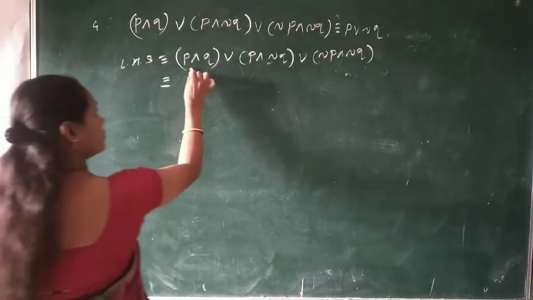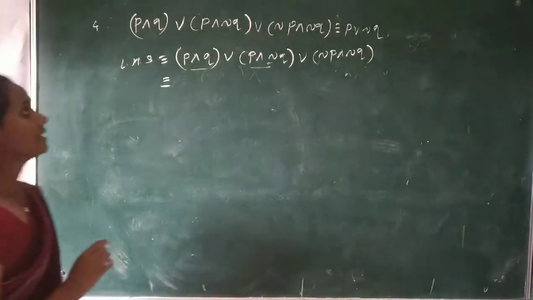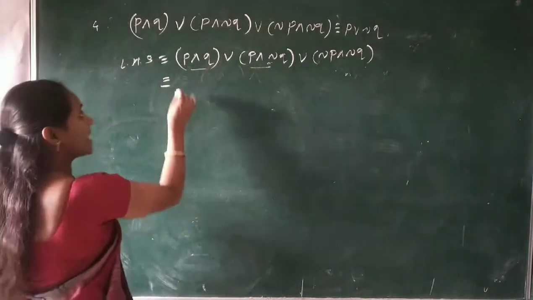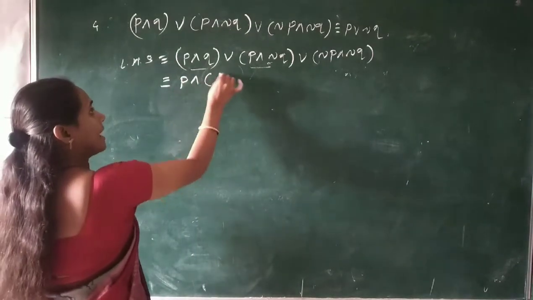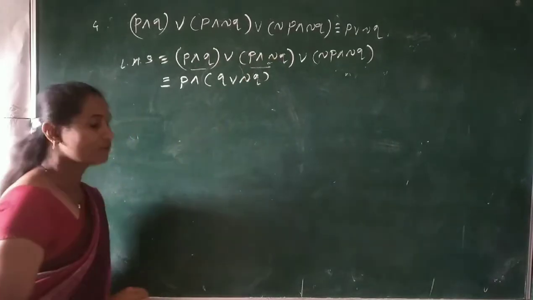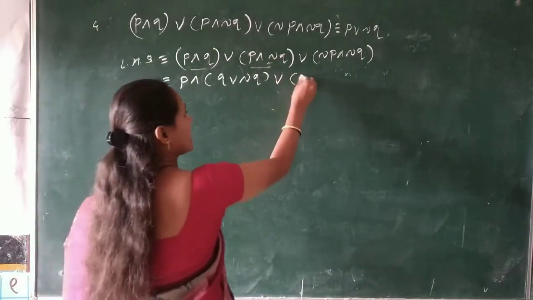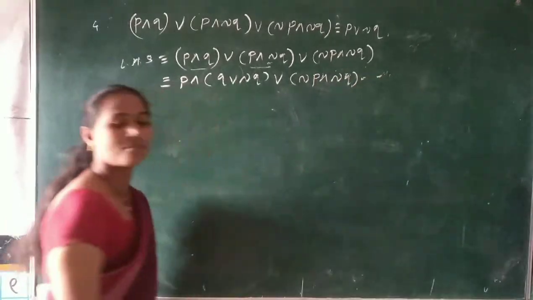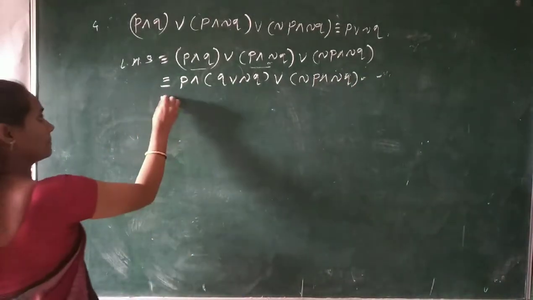Now look at this first and second bracket. In these two brackets we have P and, so take this P and common from this: P and (Q or ¬Q). Again keep this bracket as it is, ¬P and ¬Q. We distribute this term by using distributive laws.